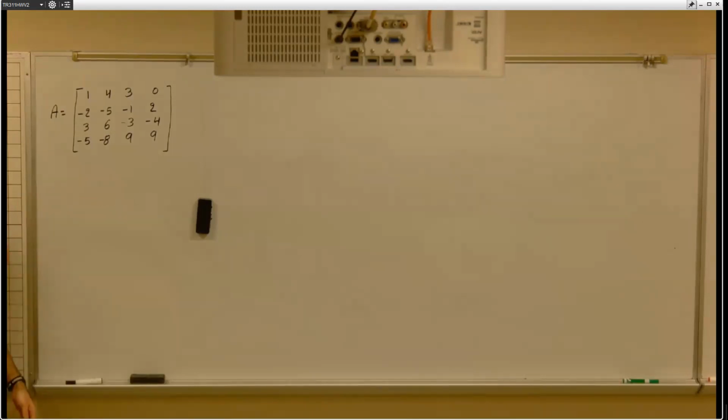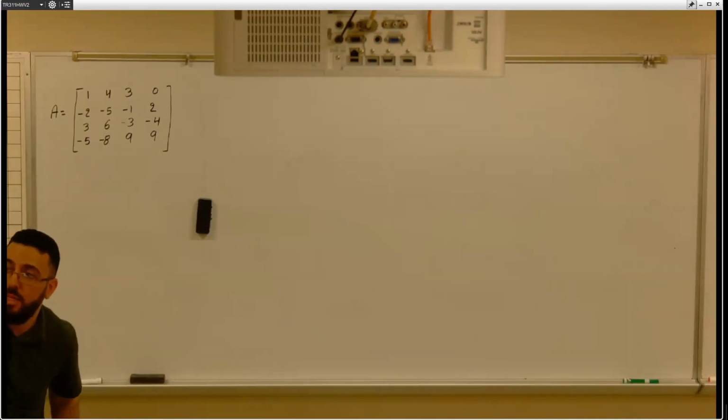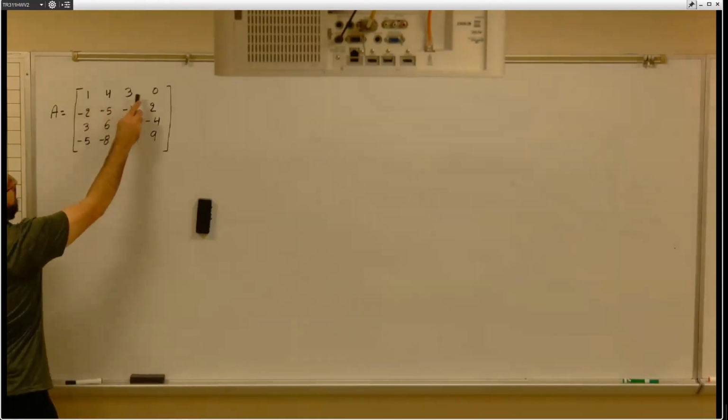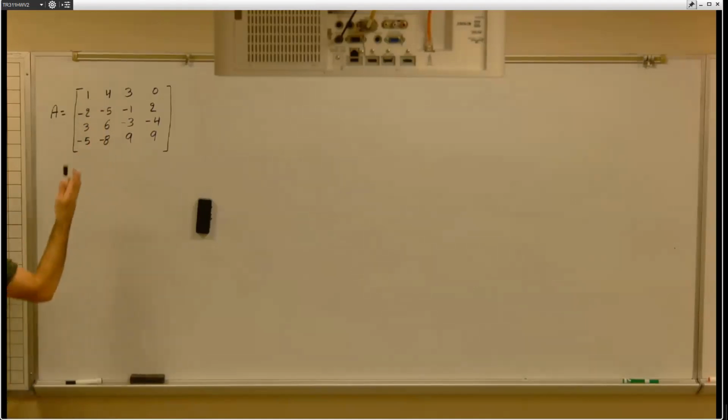They tried hard, but you can't, because the main condition is that A is a square matrix. So that's all you have to check. It's a square matrix: 1, 2, 3, 4; 1, 2, 3, 4. It's 4 times 4. That means I can do the LU factorization.